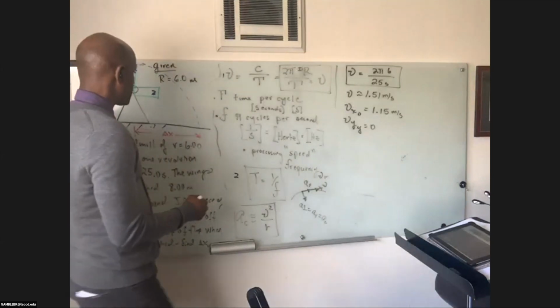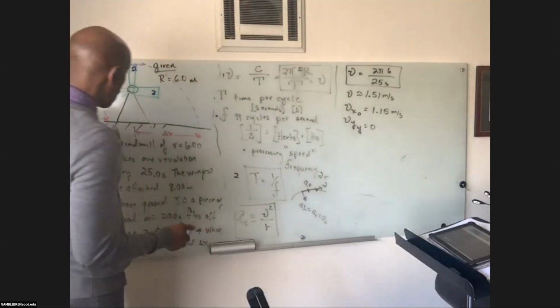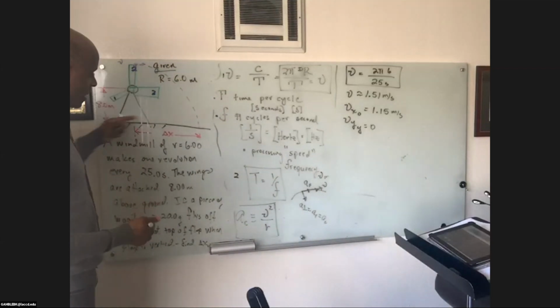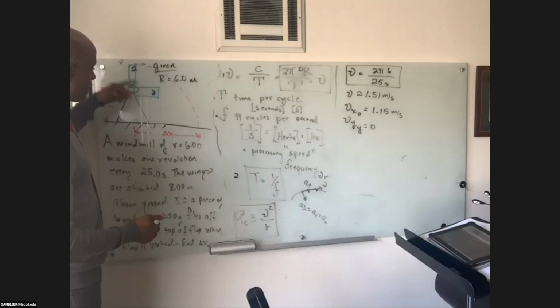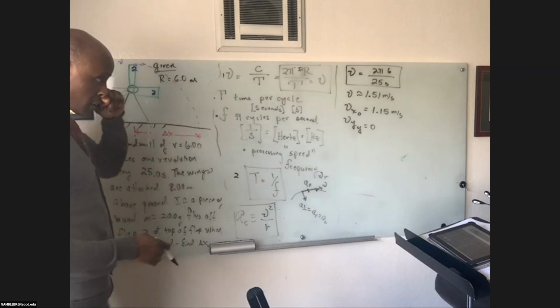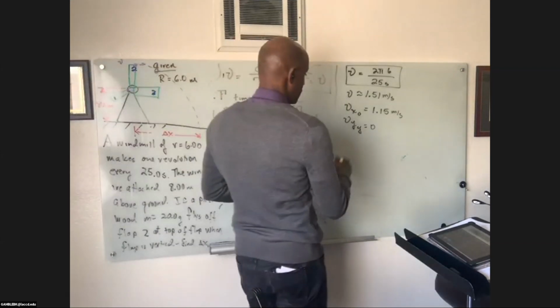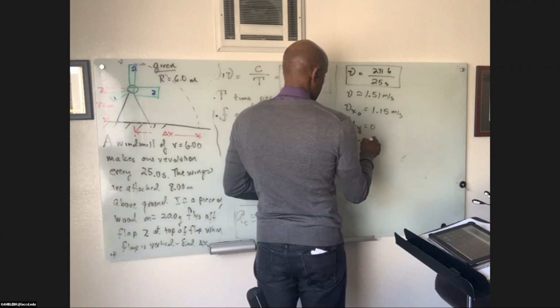The acceleration in the y direction, and again, don't mix it up: while the piece of wood is on that thing, it has a centripetal acceleration, and that's all. But as soon as it flies off, that centripetal acceleration is no longer there, and it has just acceleration in the y direction, which is g going down. So a_y equals negative g.